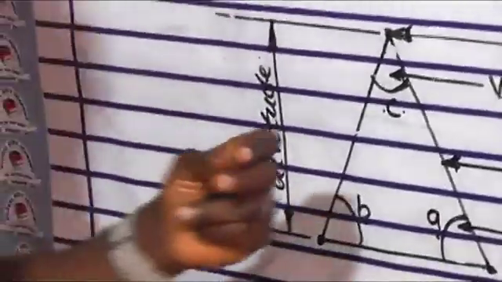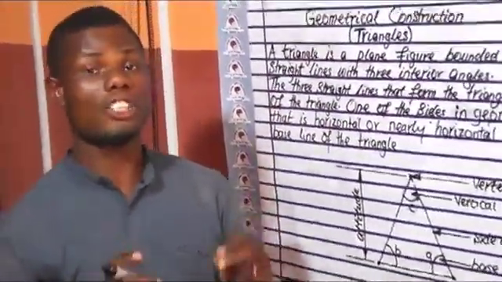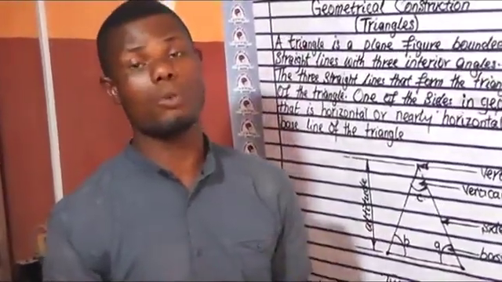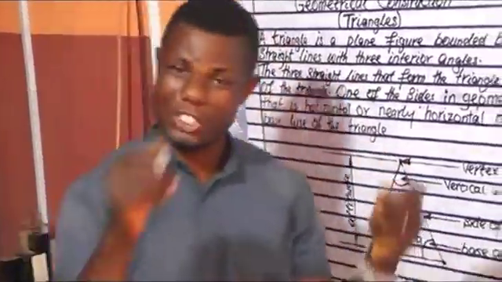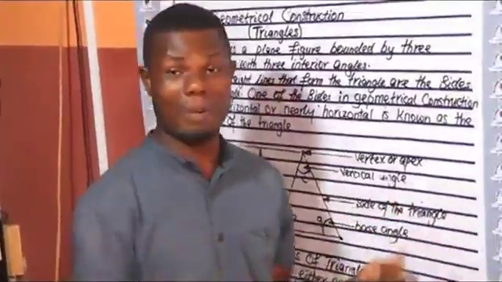Remember, you've been told in your mathematics that the sum of the interior angles in any triangle must give you 180 degrees. If you want to try that, you can just draw any triangle. Make sure that the sides are straight. Draw any triangle on any piece of paper you have around.